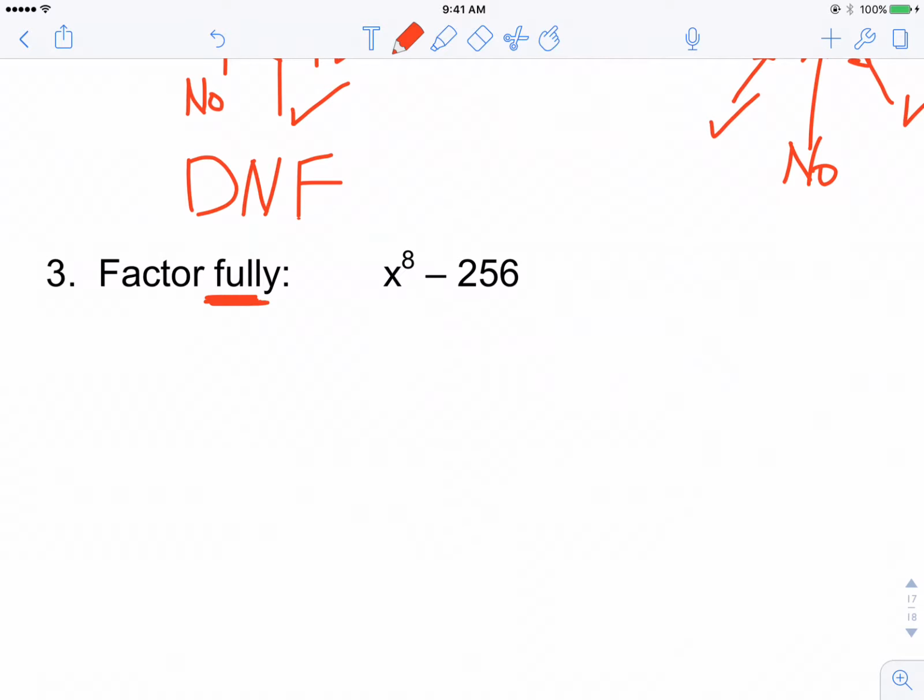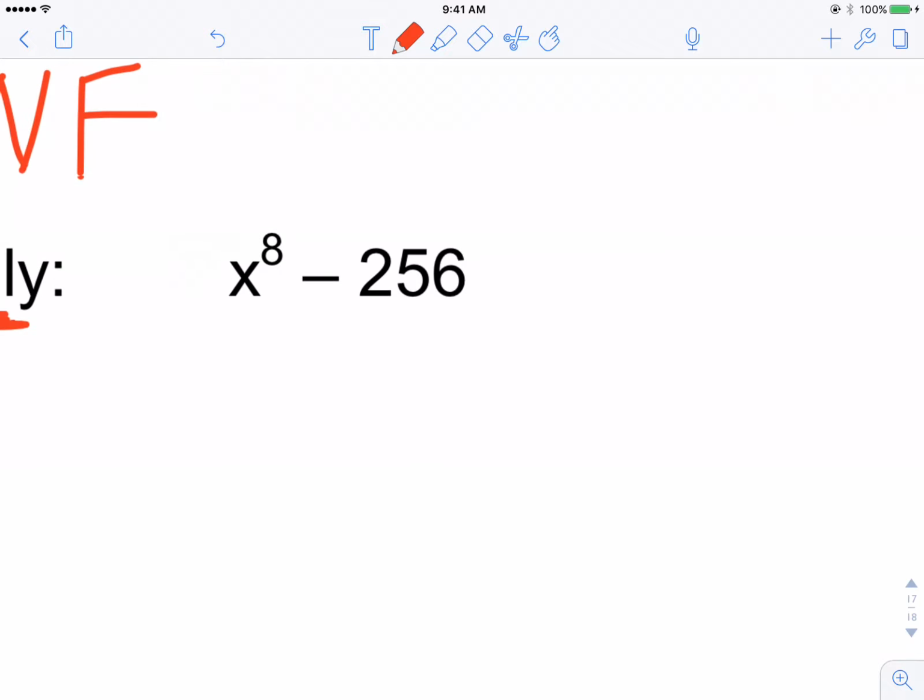So let's look at this. X to the power of 8 minus 256. Are they separated by a minus sign? Yes. Is 256 a perfect square? Yes. Is x to the power 8 a perfect square? Yes, it is.